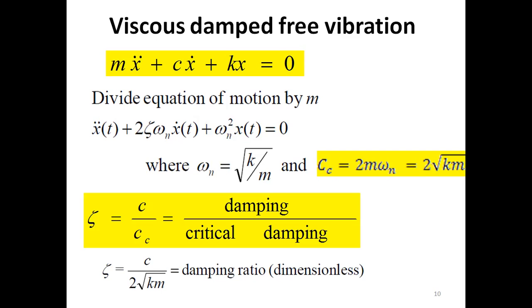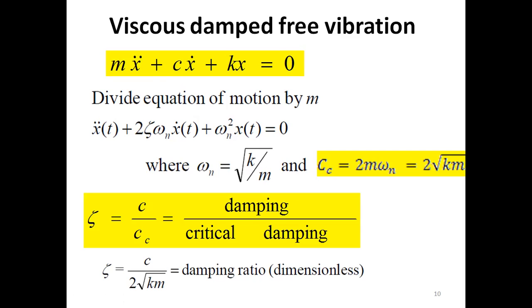So here we would have 1, here c by m, and here k by m, and k by m is actually omega n square. So omega n is under the root k by m.